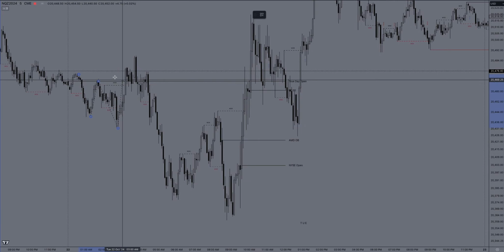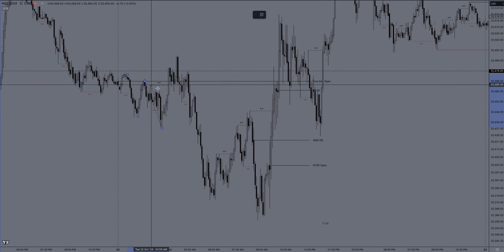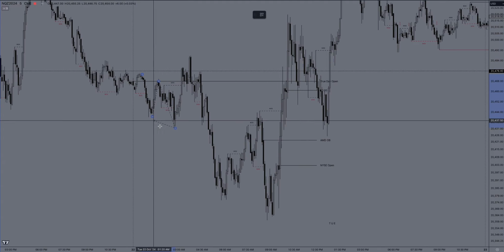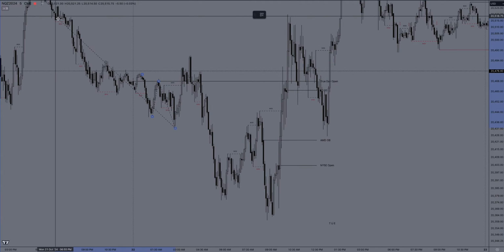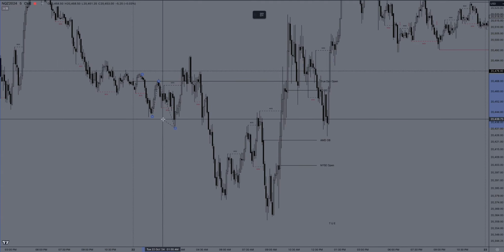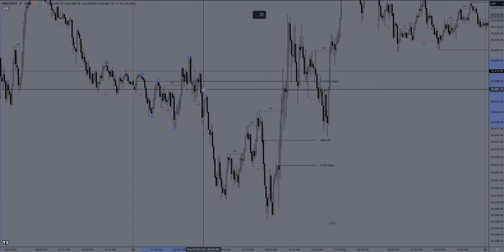So this market structure shift, you wouldn't instantly want to go long because we've been bearish for a good couple of hours. So if you decided to want to go long here, you would have to definitely wait for another breaker structure to the upside. And then to confirm that this is now a whole bullish move, you don't want to just jump into a buy because you see the first market structure shift.